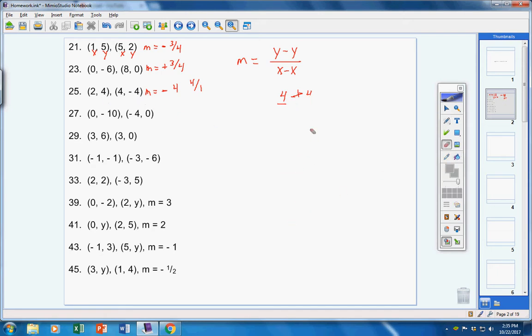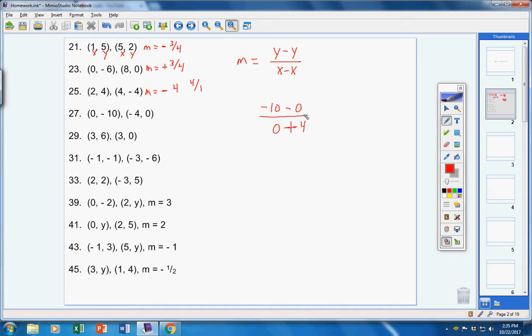Alright, number 27, let's find the slope of the line that passes through these 2 points. My first y is negative 10, and then minus, and my second y is 0. My first x is 0, and my second x is negative 4. First of all, 0 minus negative 4 is 0 plus 4.